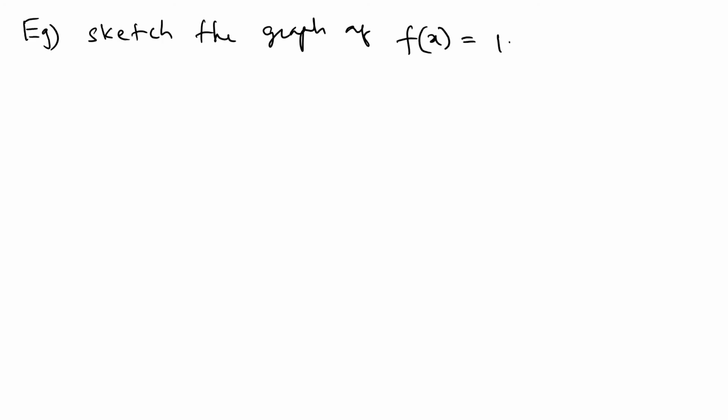How about 1 minus 2(x minus 3) squared. Again, there are certain steps that we normally start with. We know that we do the horizontal shift first, and then we can do the scaling here.